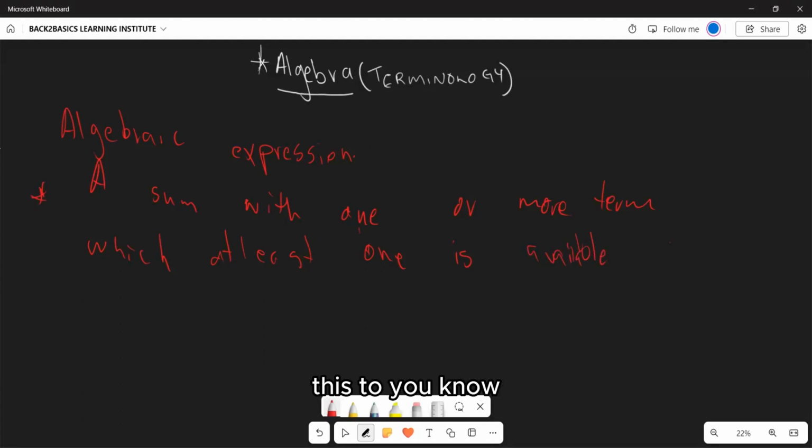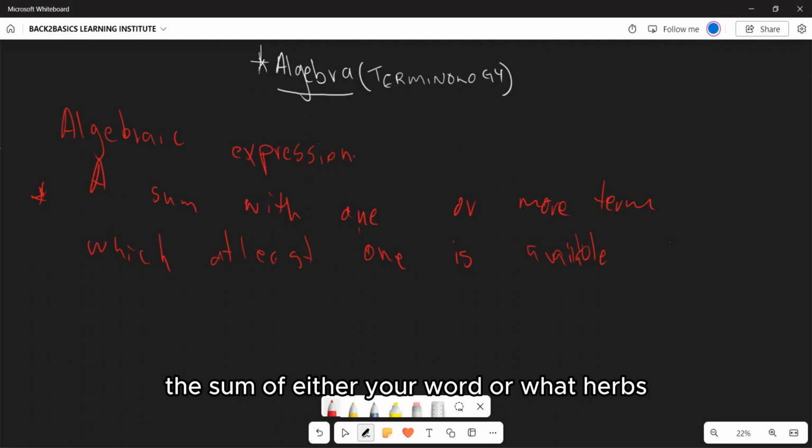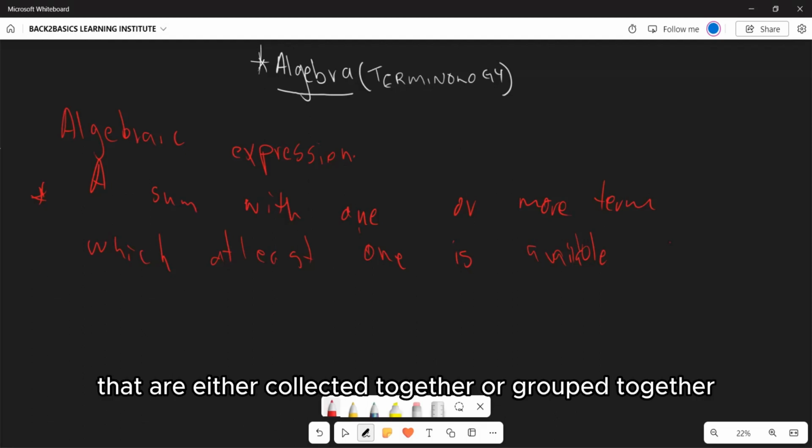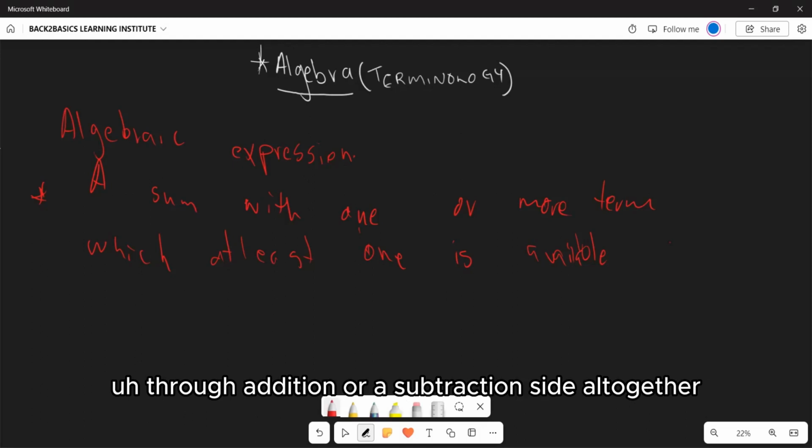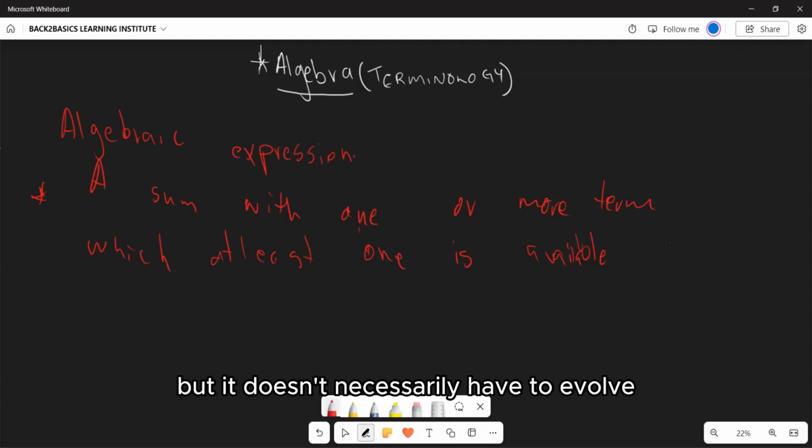To simplify this, your algebraic expression is the sum of one or more terms that are collected or grouped together through an addition or a subtraction sign. It is going to be your term, but it doesn't necessarily have to involve an addition or subtraction sign.